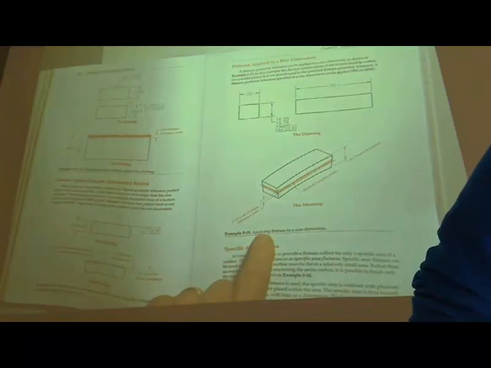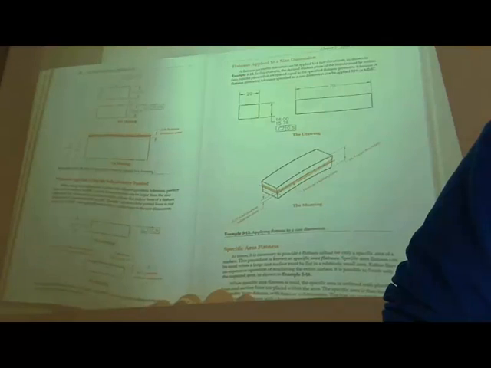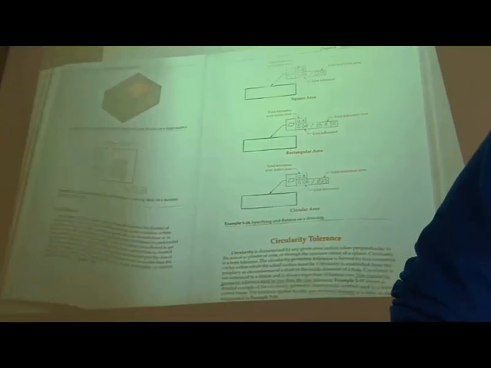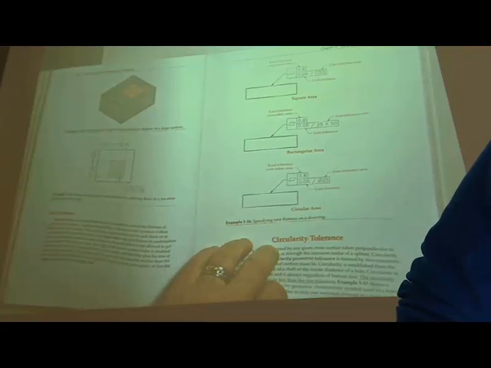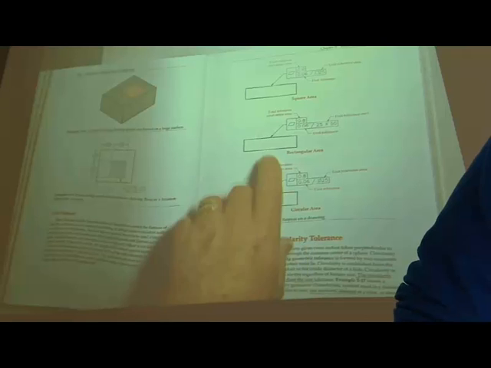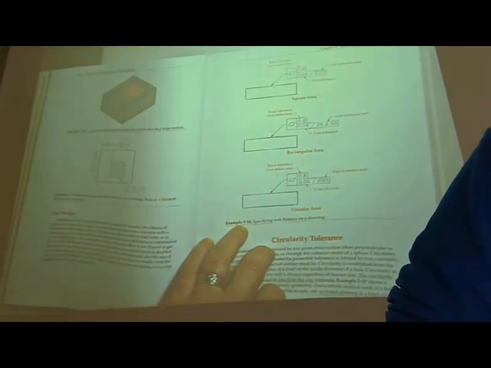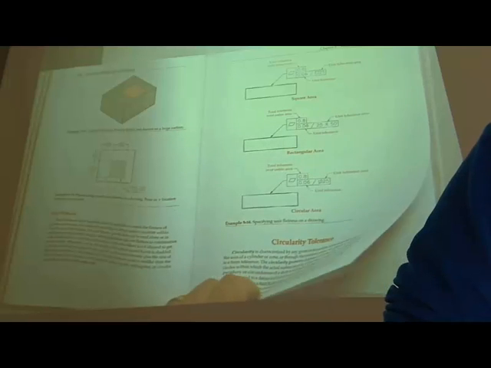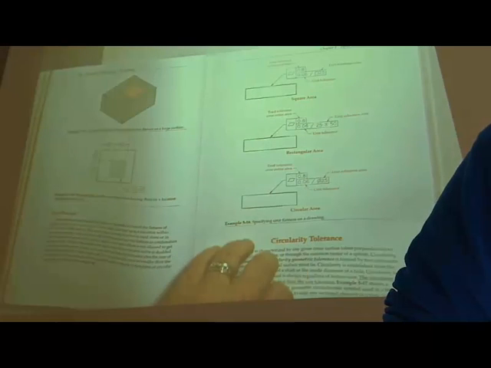To a lesser degree, control the median plane. We can control a specific area for flatness using basic dimensions. We can say that per unit of measurement it must be flat to a particular specification. So over the whole surface or per unit.